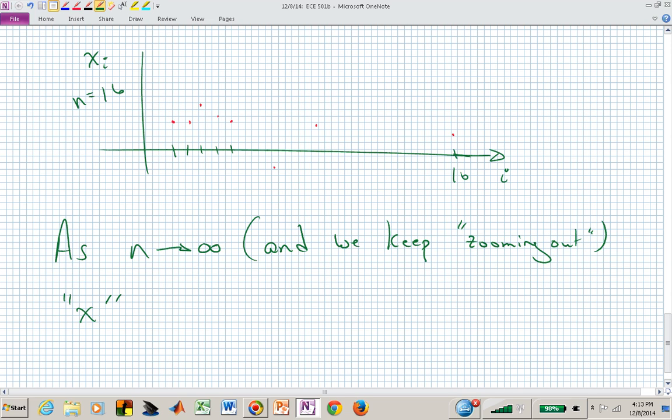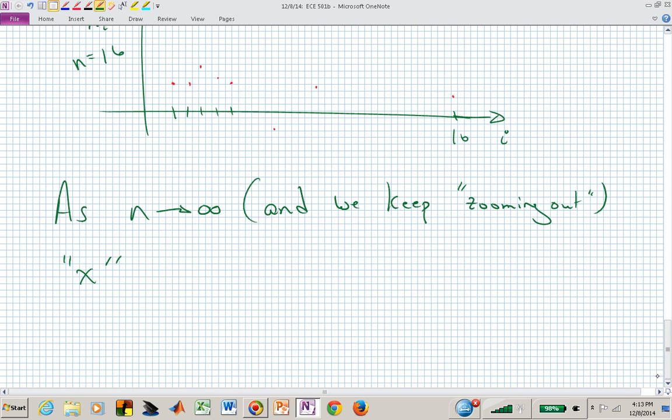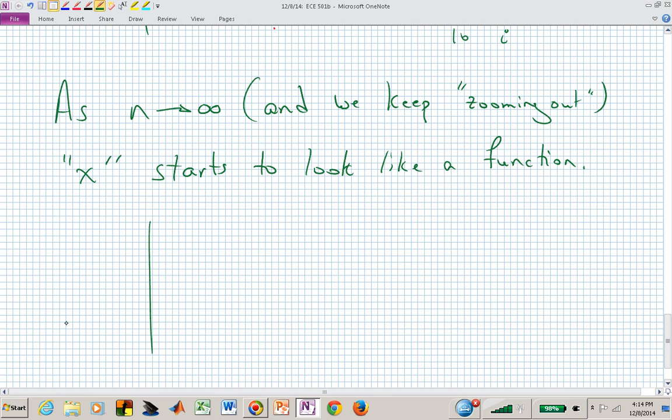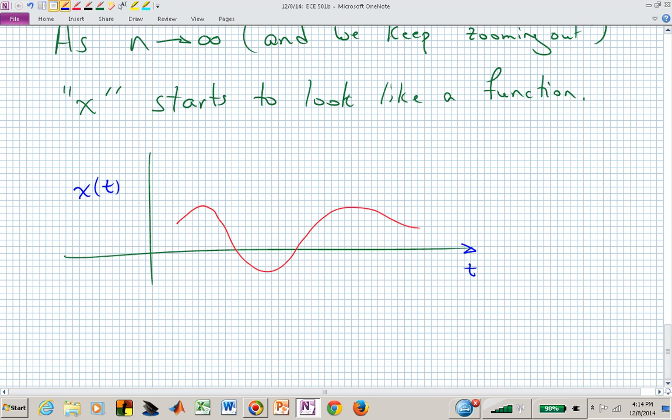This vector x, or this entity x, starts to look like a function. Meaning now we have something that does that between the endpoints. And we now have this x of t, and maybe we no longer have discrete points on the horizontal line.